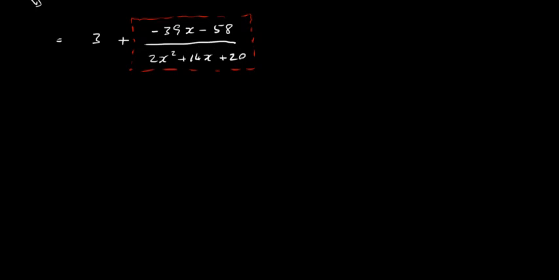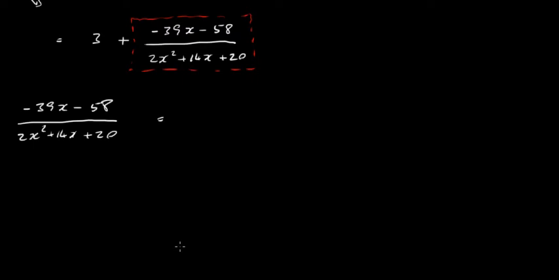So let me write that down: minus 39x minus 58 all over 2x squared plus 14x plus 20. Again, you can see here that the degree of our numerator is 1 less than the degree of our denominator, so we don't have to do any more divisions.